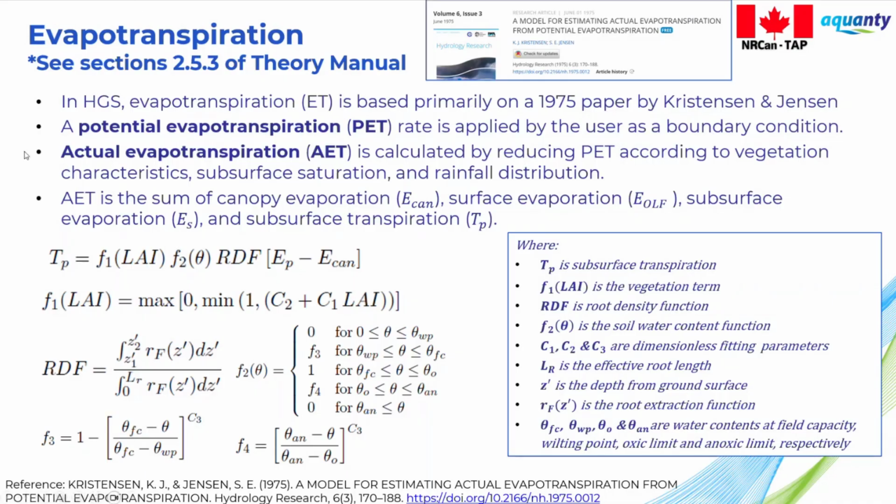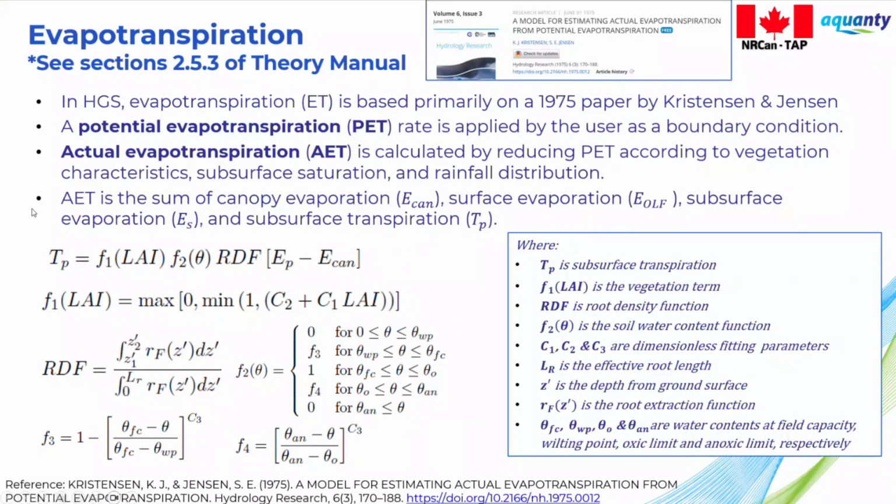The actual evapotranspiration rate that's going to be applied to the nodes in your model is calculated by reducing that PET according to this Christensen and Jensen formulation, which is going to subject the actual evapotranspiration rate to things like vegetation characteristics and the saturation, the actual availability of water at a node-by-node basis.